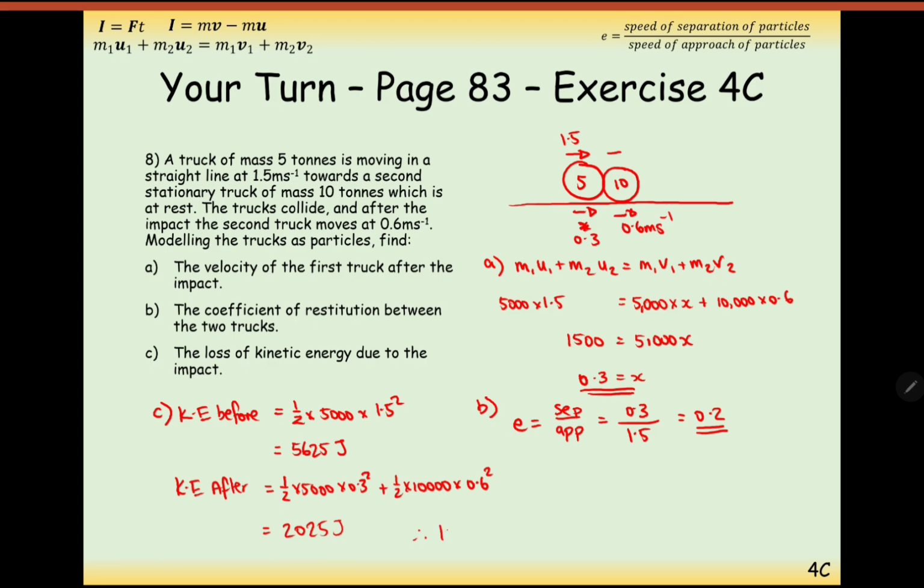So therefore the kinetic energy lost is 5625 take away 2025, which gives an answer of 3,600 joules. Excellent, there we are.